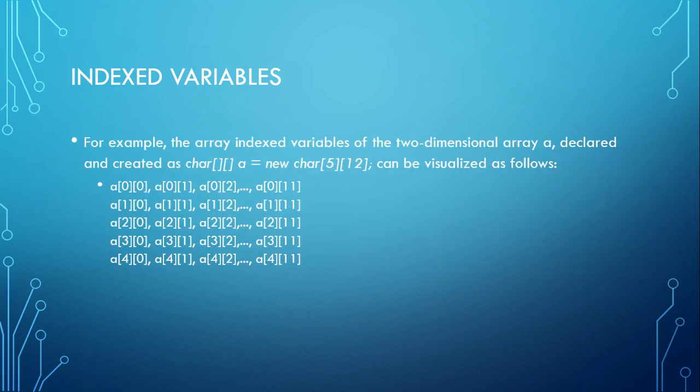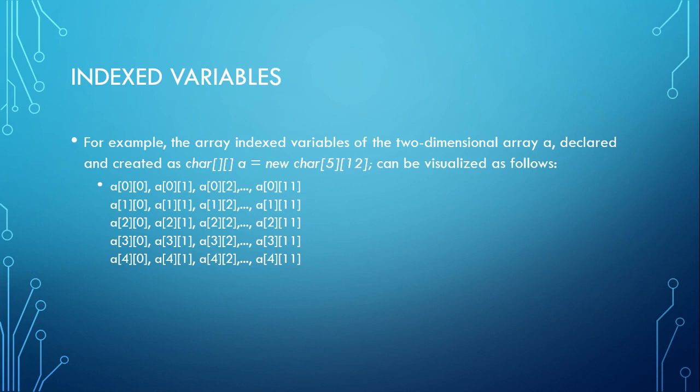So, for example, the array index variables of the two-dimensional array a, declared and created as char[][] a = new char[5][12], can be visualized as follows. You have a[0][0], a[0][1], a[0][2], all the way up to a[0][11], and then on the next row, a[1][0], a[1][1], a[1][2], all the way up to a[1][11], and so on, all the way down until a[4][0], a[4][1], a[4][2], and so on.